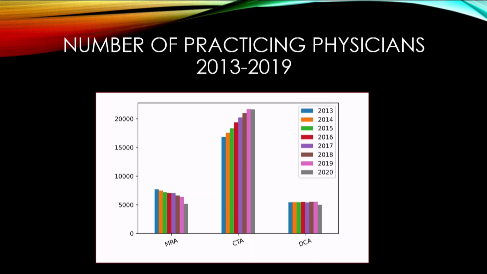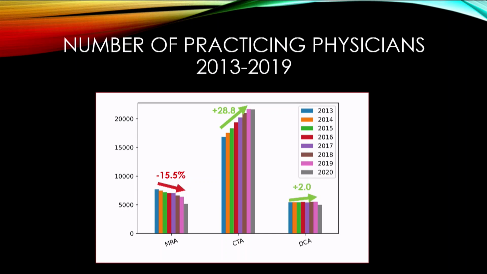First look, and it's going to be some bad news for MRA. If we look at 7 years prior to the COVID-19 pandemic, the number of practicing physicians in MRA has actually decreased 15.5%, while CTA has increased close to 29%.